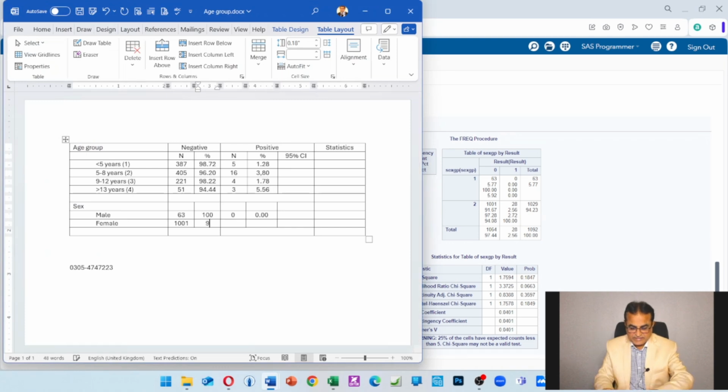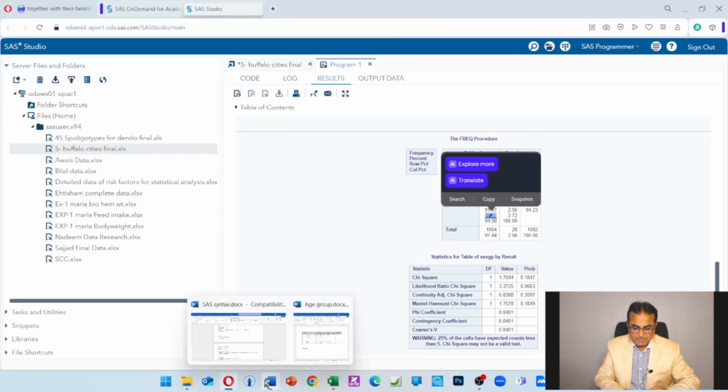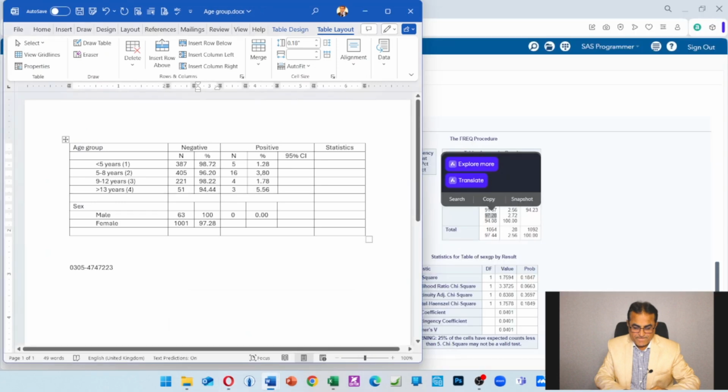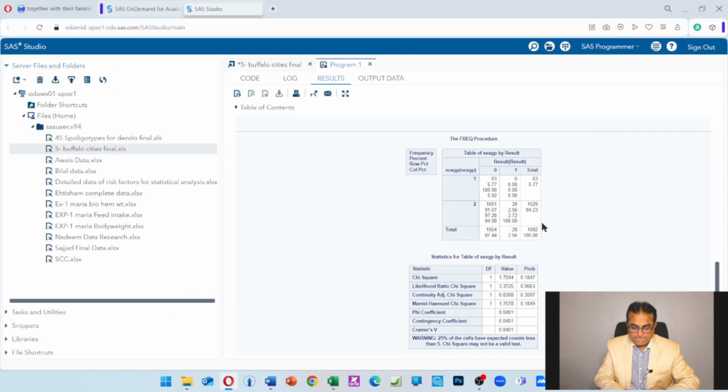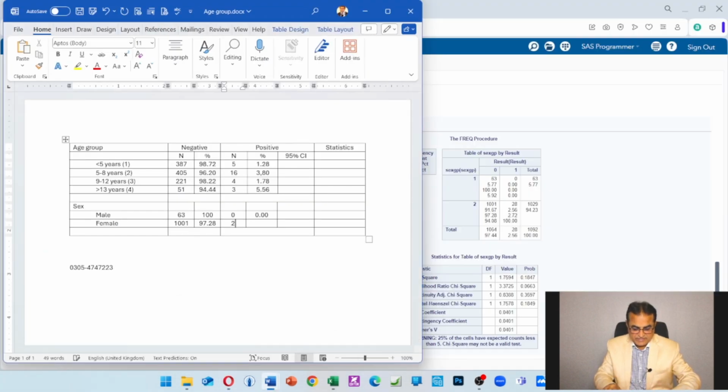1.28. I told you this, we need to write this percentage. This is the row percentage. And 2.72. The value is 28, and the percentage is 2.72.